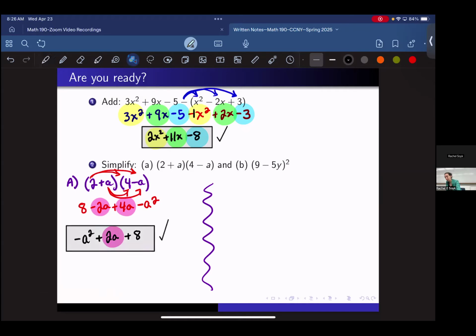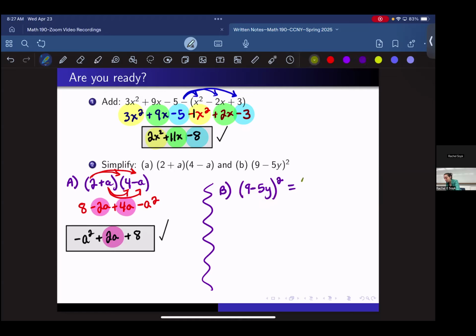Let's go ahead and look at part B now, which is another FOIL, but it's just to remind you guys that if you have a binomial and you square it, you're not just squaring each term and having that be your answer. You need to think FOIL.